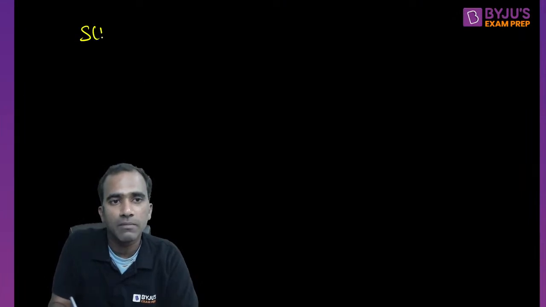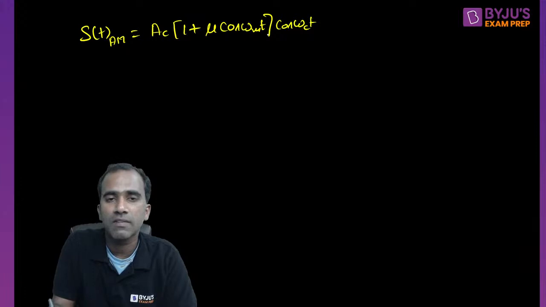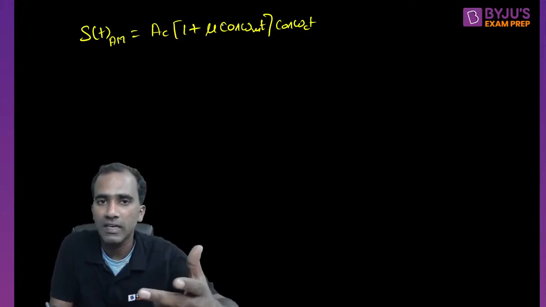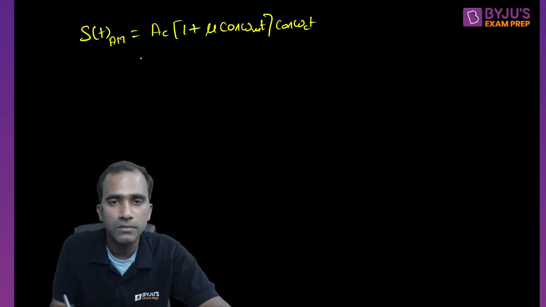So S of t AM, the original signal given, is AC into 1 plus K AM of t into cos omega ct. Basically, we write it like this when we don't know the message. When we clearly know that the message is sinusoidal, you can write this equation, because it's easier to analyze. Now let us write the AC value.